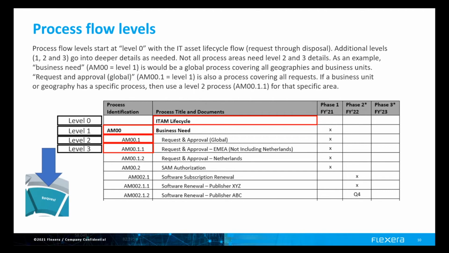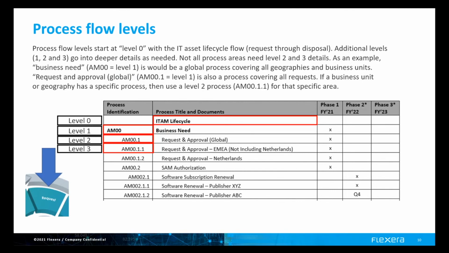And what you might be thinking is, well, if you need a particular process specifically for the Netherlands, why wouldn't that be a level 4? Most organizations will never have the need to go as deep as a level 4 process. The level 3 process really goes deep enough, but you can have multiple level 3 processes.